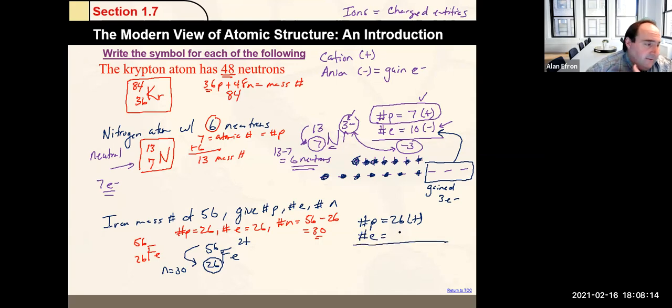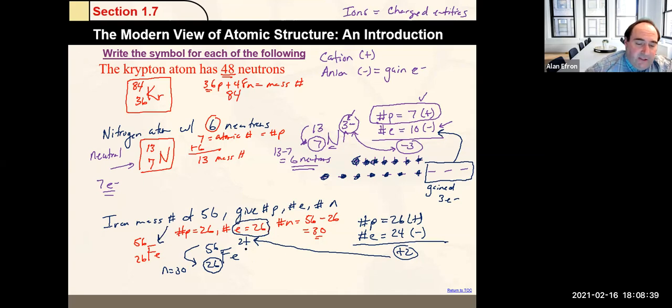And in this particular case, it will end up with 24 electrons. 26 positive guys and 24 negative guys will leave you that +2 charge that's left over. And again, we see that in the neutral, it started with 26 electrons, the guy that had no charge over here.